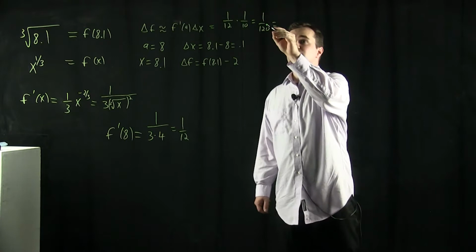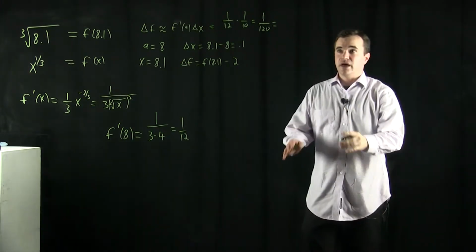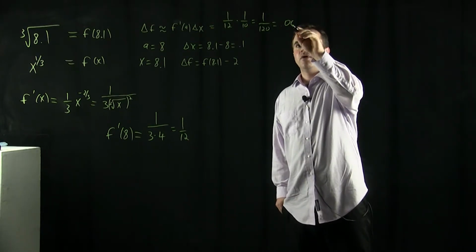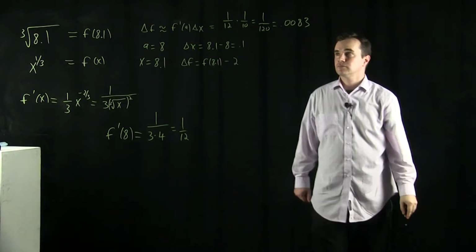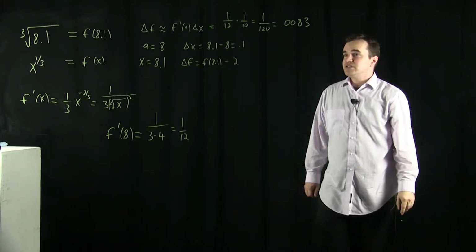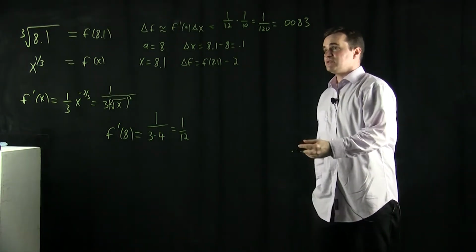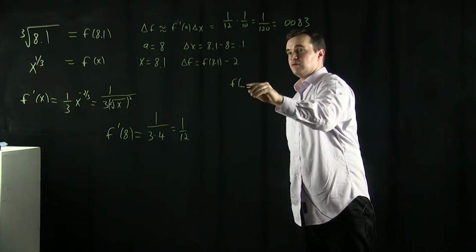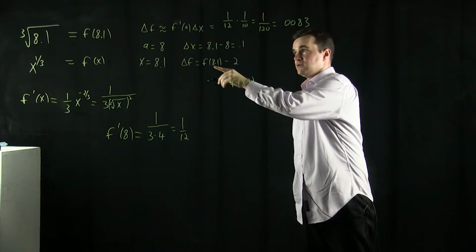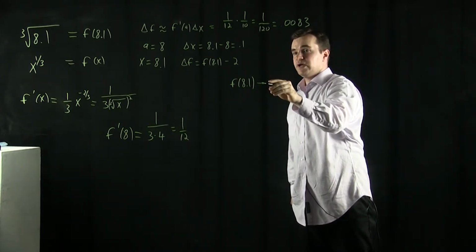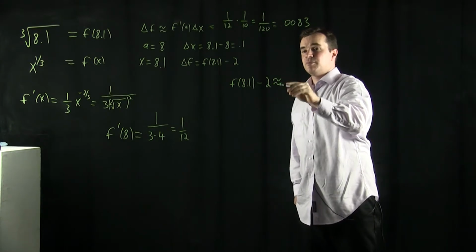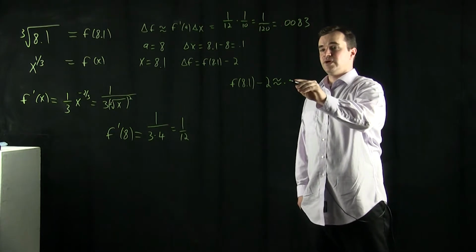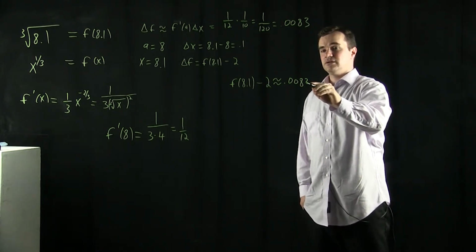That's 1/120. And I'll confess that before the video started, I plugged that into my calculator and looked up a decimal form, and I got 0.0083. So what this is telling me now is that if I want to look at delta f, if I want to look at f of 8.1, that's the cubed root of 8.1, minus 2, that's approximately equal to 0.0083.